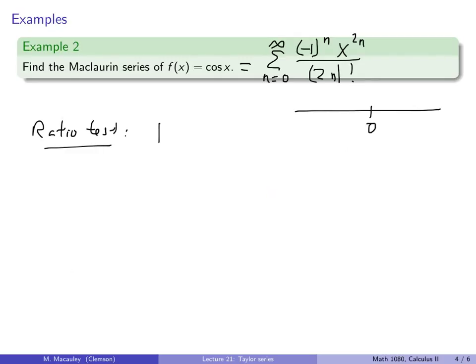So the ratio test, we take the limit as n goes to infinity of c_(n+1) over c_n. Okay, so we need to take the limit of the ratio of successive terms, and in this case, we have to take successive terms including x to the 2n.